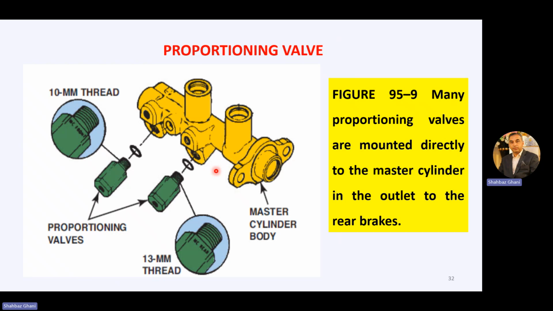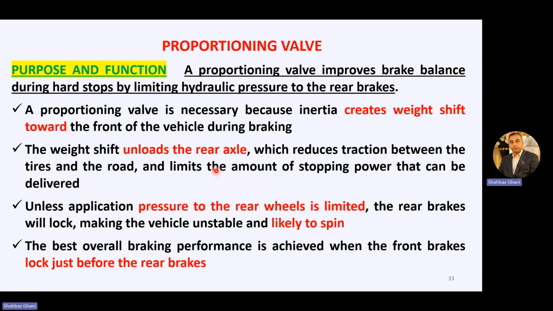So we have to balance that inertia, that weight shift. So the proportioning valves are designed in such a way that the front brake should engage first by a few milliseconds and then the rear brakes.